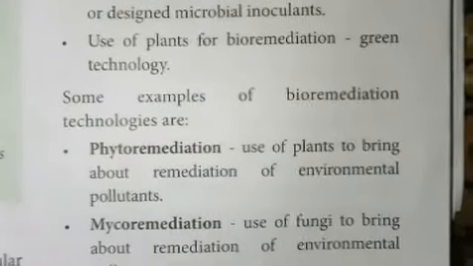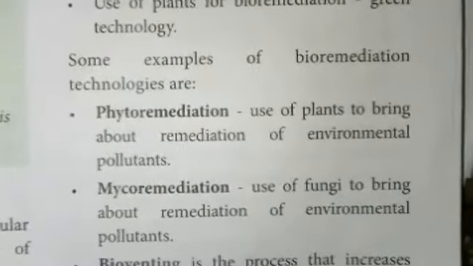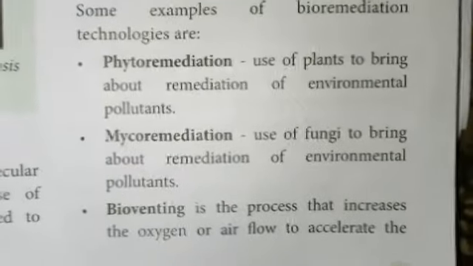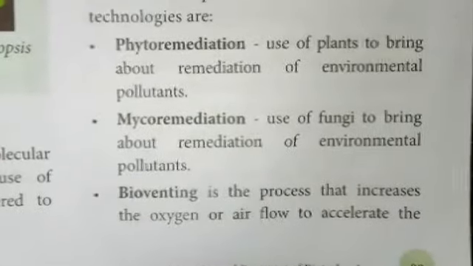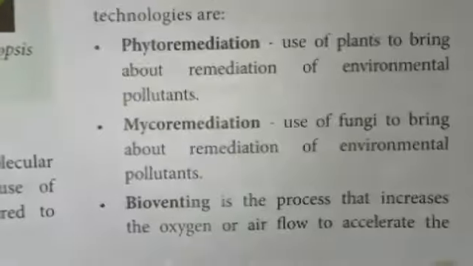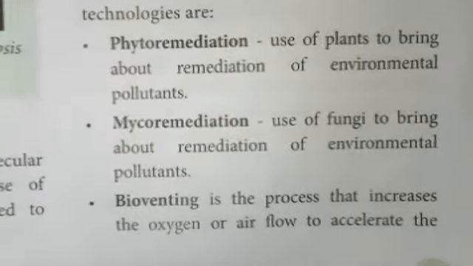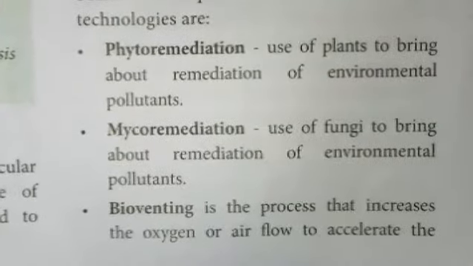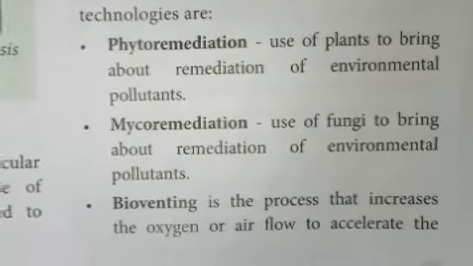Some examples of bioremediation technology are phytoremediation. Phyto means plants; using plants to bring about remediation of the environment is called phytoremediation. Mycoremediation: mycology represents the study of fungi, and myco means fungus. The use of fungus to clean up the environment is called mycoremediation.